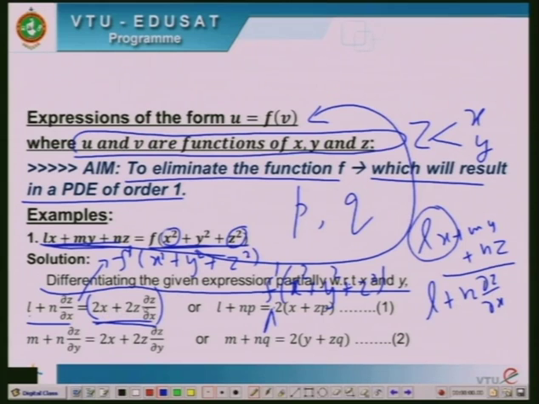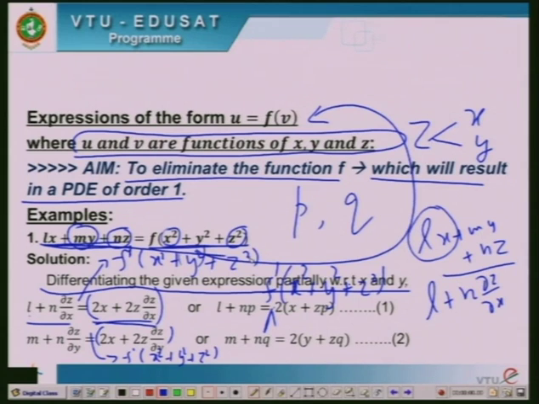Similarly, when you differentiate with respect to y, lx + my + nz, this is the y term. So, that will give you m, and nz should give n ∂z/∂y, equal to, here again f'(x² + y² + z²) into the derivative of x² + y² + z² with respect to y, which will be 2y plus 2z ∂z/∂y, because you are differentiating with respect to y.